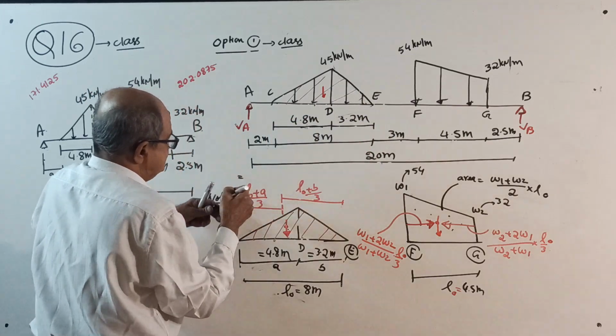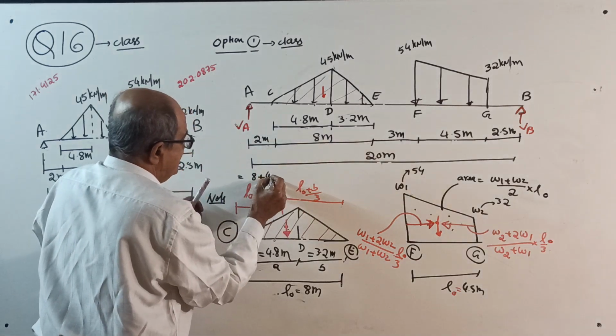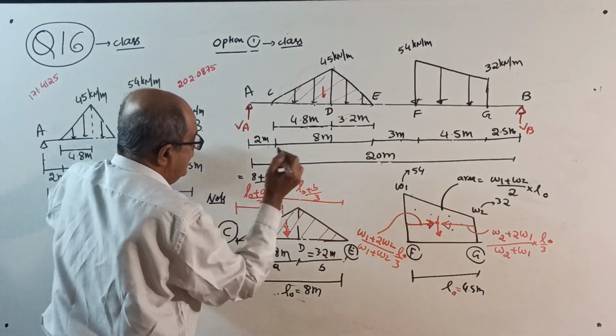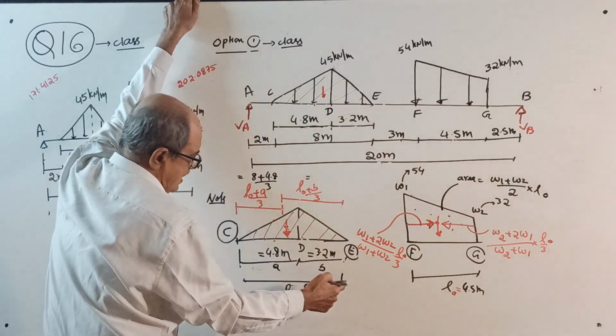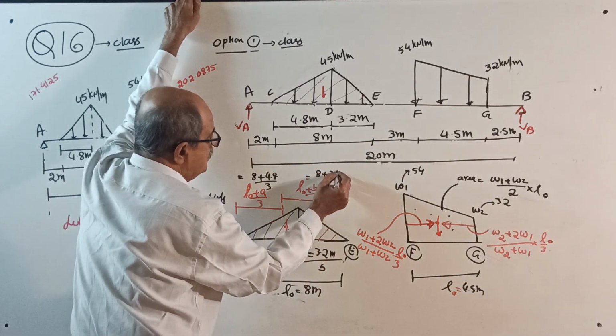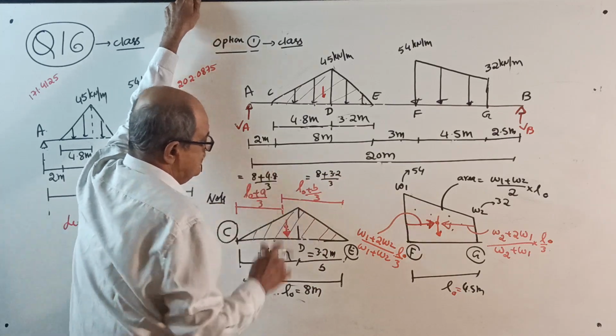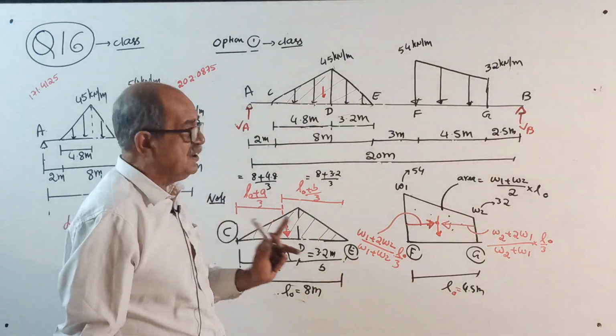If I want it from the other side, it is the total length 8 plus 3.2 divided by 3. If you take moment about A, you require only this distance, but there is a reason for giving both.